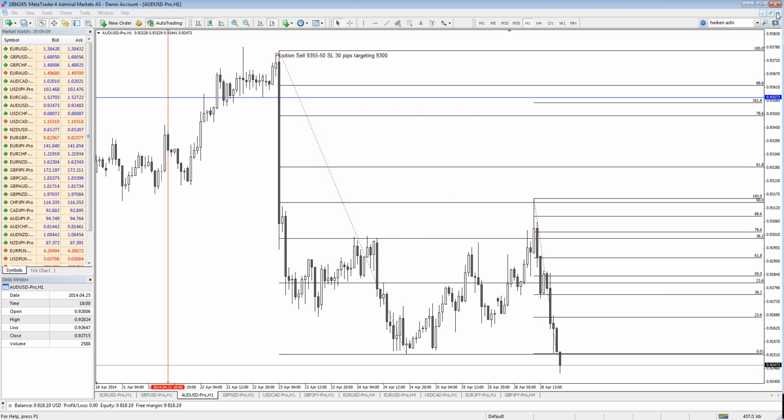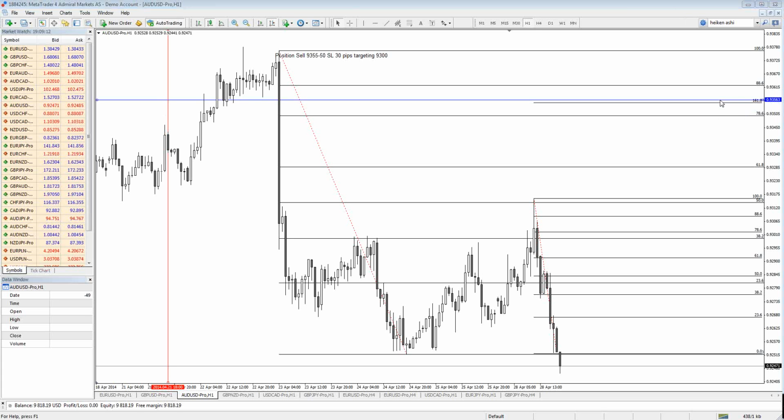Let me see. So basically, where the price hit this level or this level, actually we wanted to sell it.